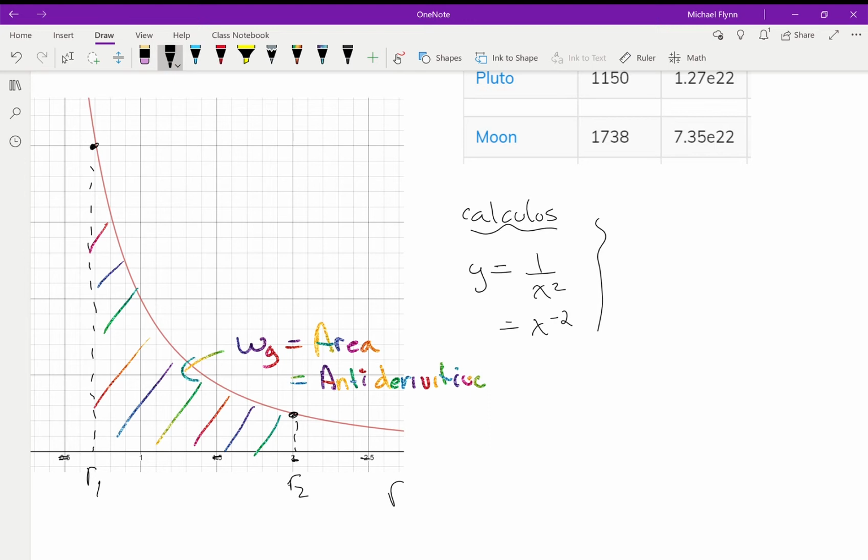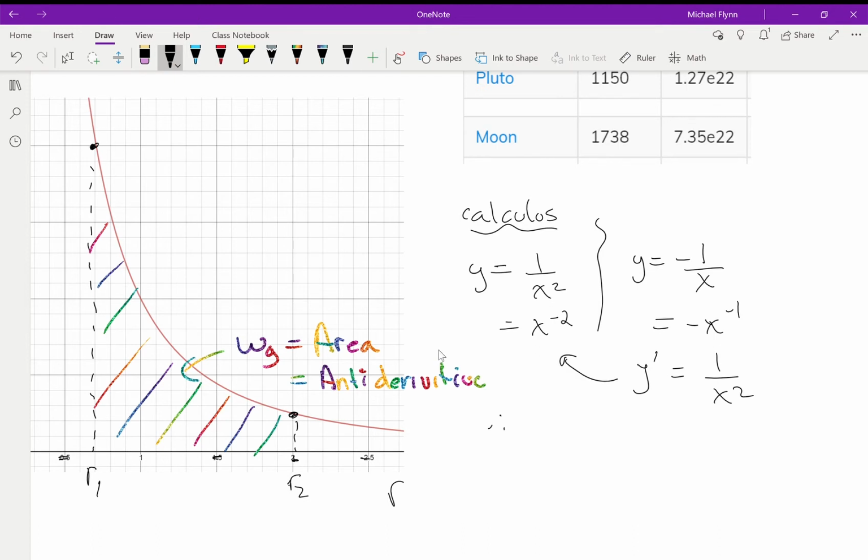In other words, what is the antiderivative of this function? The answer would be, if y equals negative 1 over x, which is equal to negative x to the negative 1, and I take the derivative of this function, I get 1 over x squared. And that's what this one is.